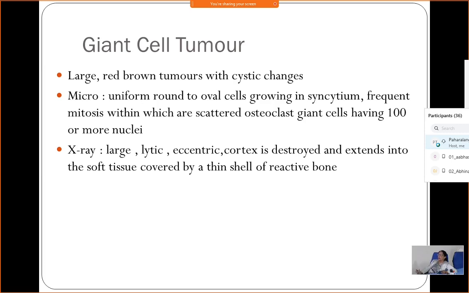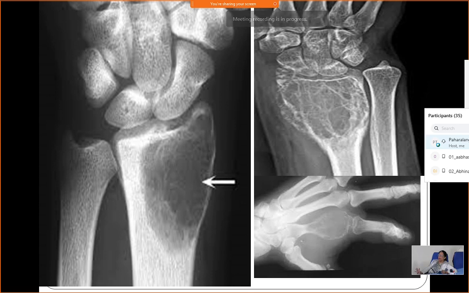Now X-ray, as I said, shows a large lytic, eccentric lesion, the cortex will be destroyed, and the tumor can extend into the soft tissue. Irrespective of whether the tumor is benign or malignant, there is a tendency for the tumor to expand so much that the cortex becomes almost eggshell-like.